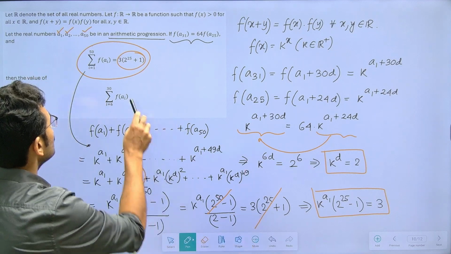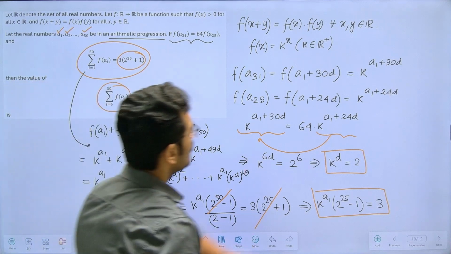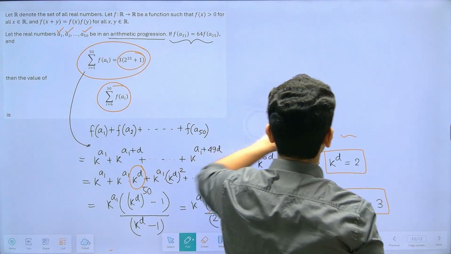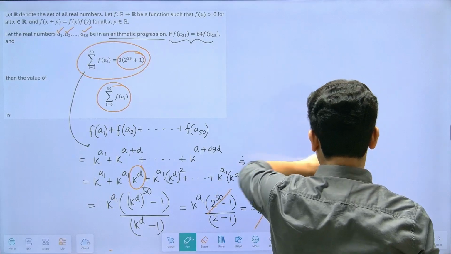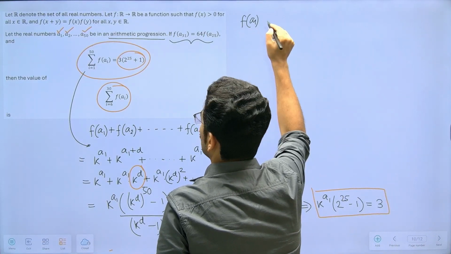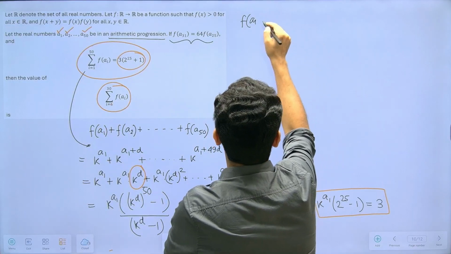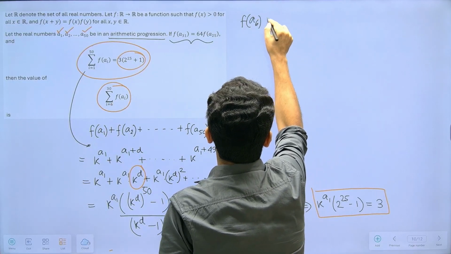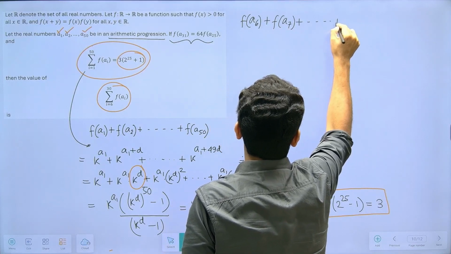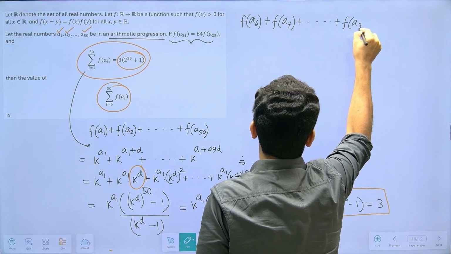Finally, if we come to this particular summation, what is it going to be? Let us see. So this is going to be f of a6 plus f of a7 and so on up to f of a30.